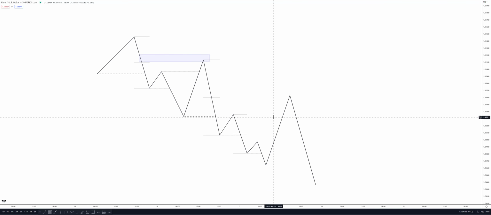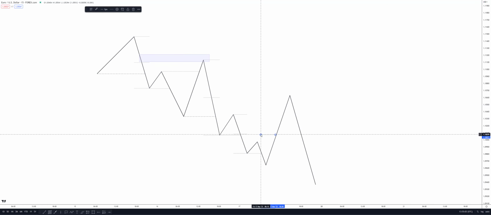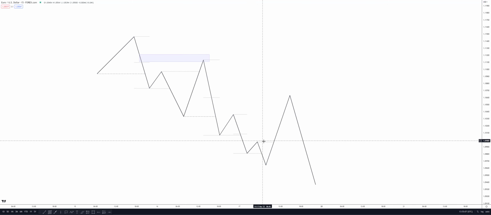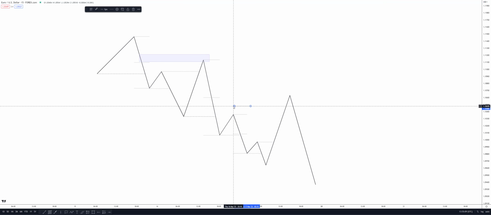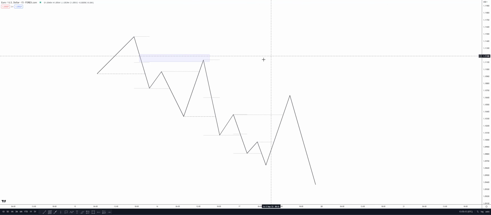And then what happens next? I know this is just a line that I've drawn, but you'll see this happen. Price just takes out our minor one, comes up to this previously unmitigated open for business bit of price, and then continues down.